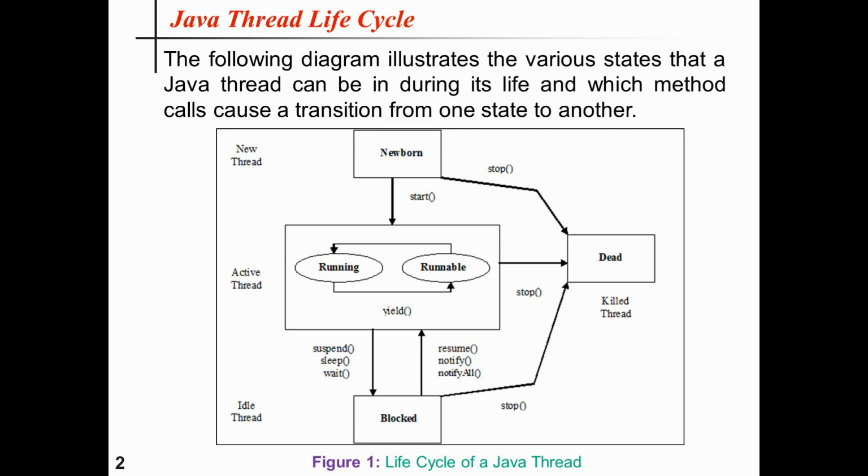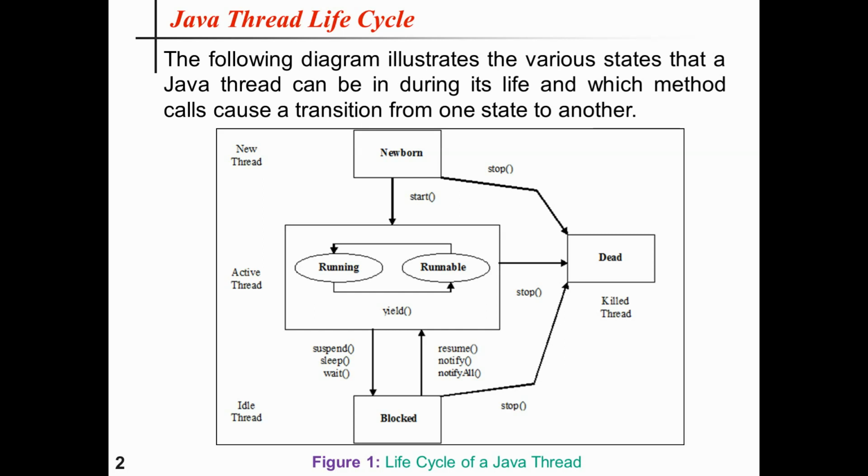A call to the start method will not immediately start the thread's execution, but rather will move it to a pool of threads waiting for their turn to be picked for execution. The thread scheduler picks one of the runnable threads based on the thread priorities. So that is all about the runnable state, that is the second state.